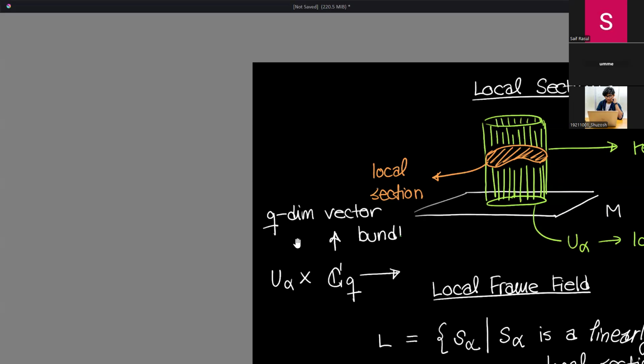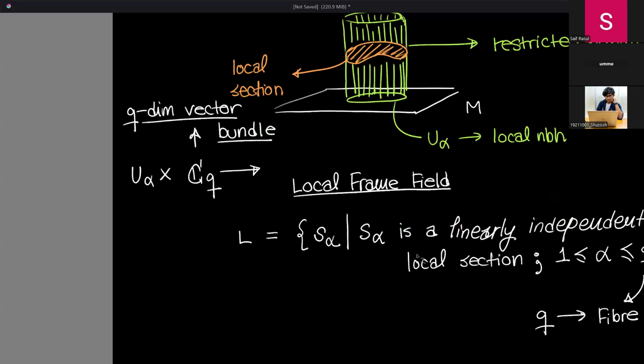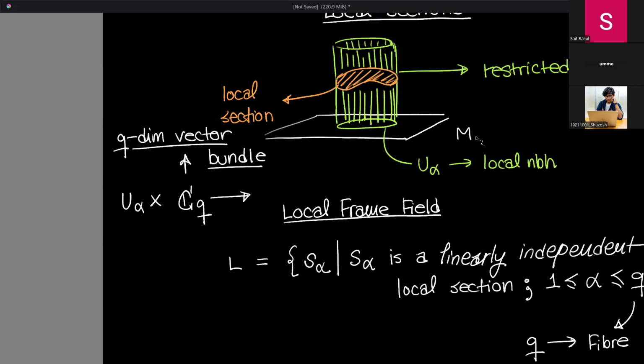I did that with the manifolds as well, so apologies for that. The dimension of the vector bundle is the dimension of the vector space on the fiber, the typical fiber of that vector bundle. So even if the manifold is an m-dimensional manifold, the vector bundle is a Q-dimensional vector bundle.